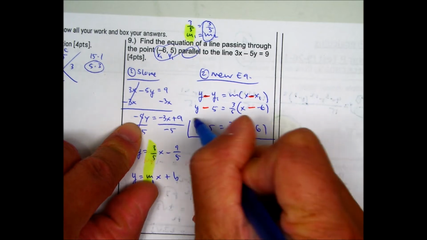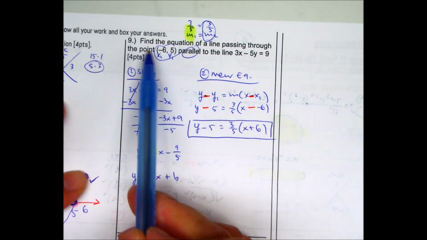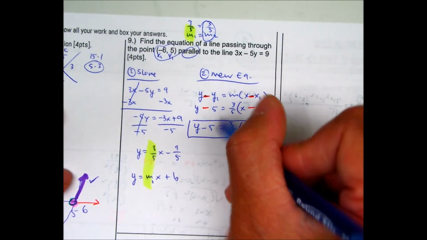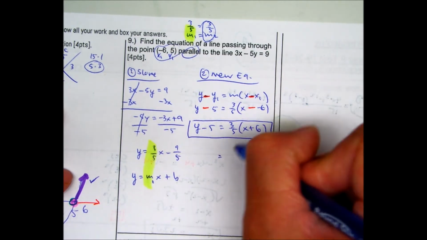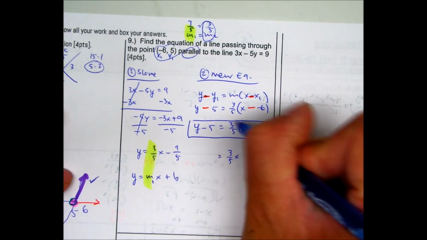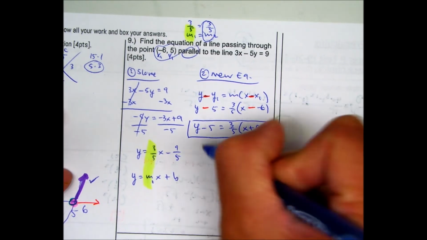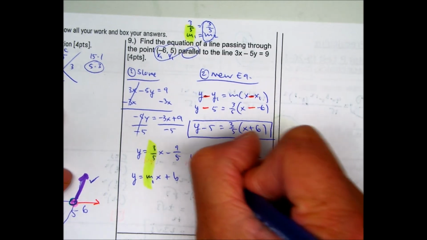Now this one does not tell us which form. If you did slope-intercept form, that would be 3/5 x plus 18/5. And then you need to add 5 to both sides.